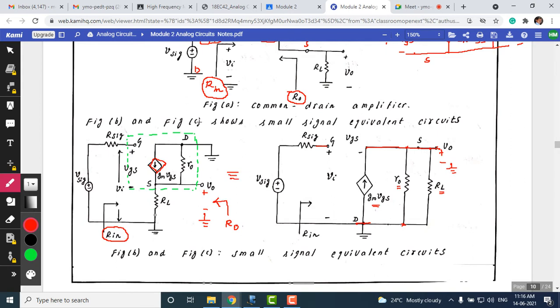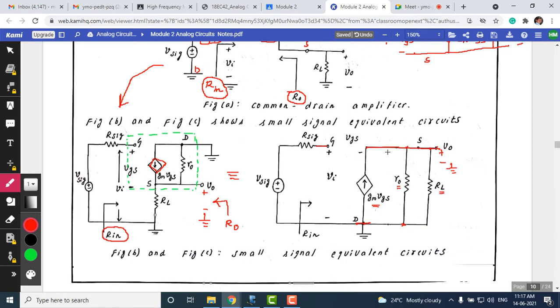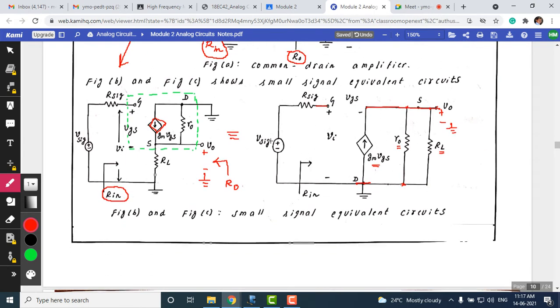And from here to here, the change we have done is we have replaced the MOSFET with its equivalent circuit, which is shown here. Now looking at this final equivalent circuit after rearrangement, we can derive the equations for various amplifier parameters.